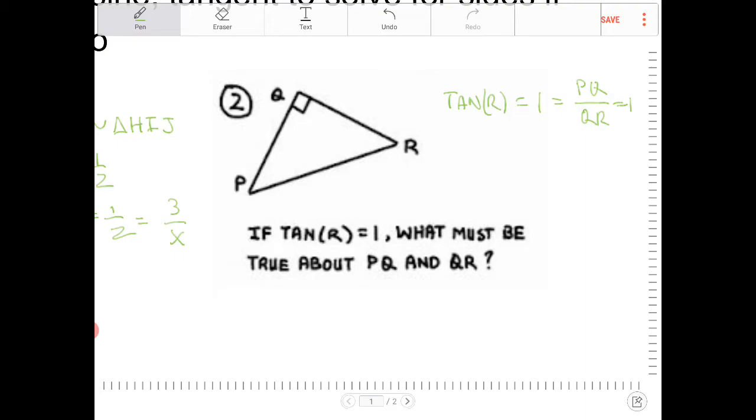And the only way that that is true is if PQ and QR are congruent. Or in other words, these angles over here must be 45 and 45. All of those things are true.